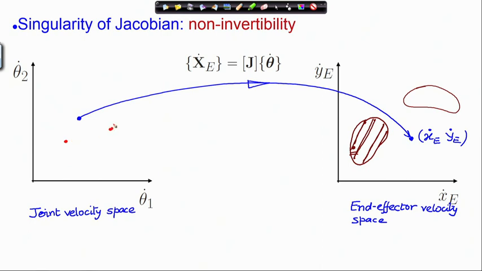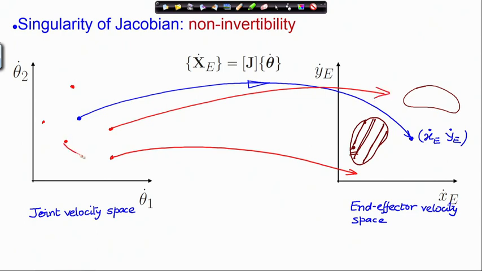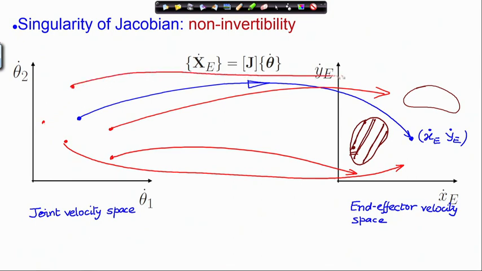If you take arbitrary points in the joint velocity, they will go to different points but they will avoid these regions. The velocities in these regions cannot be produced. I can choose any point in the joint velocity space.